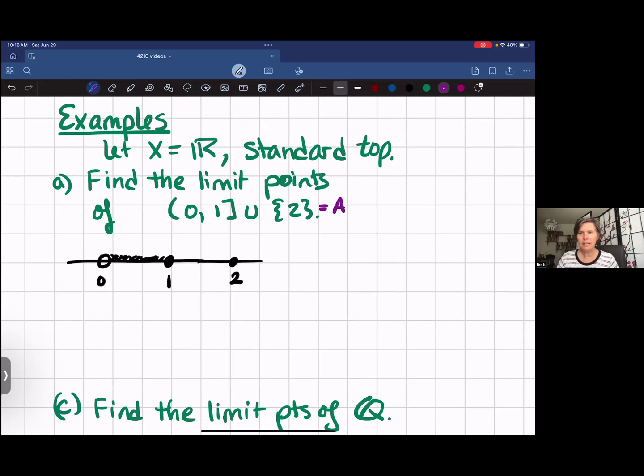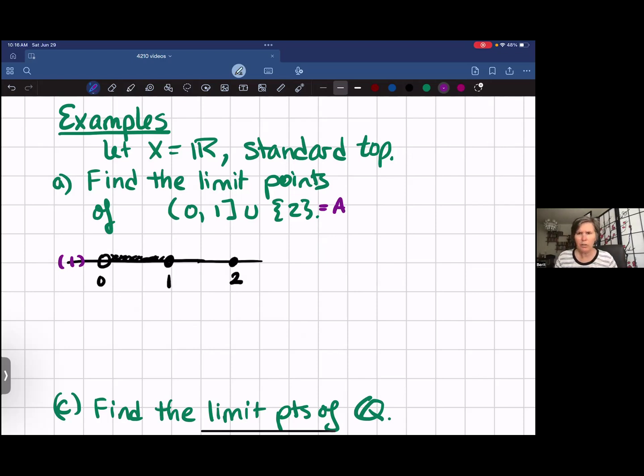If I take a point down here, does every open interval around that point have to touch A? No, I can make open intervals small enough around points down there that they stay away from A. So that's not a limit point.